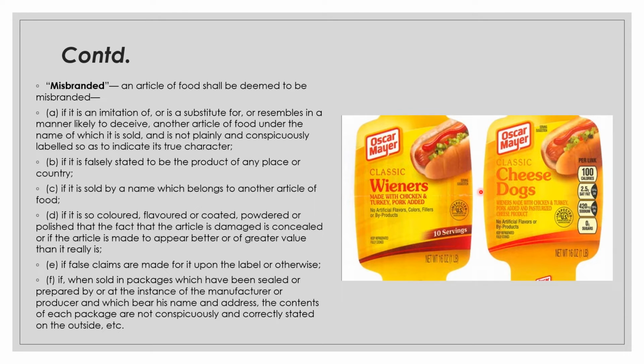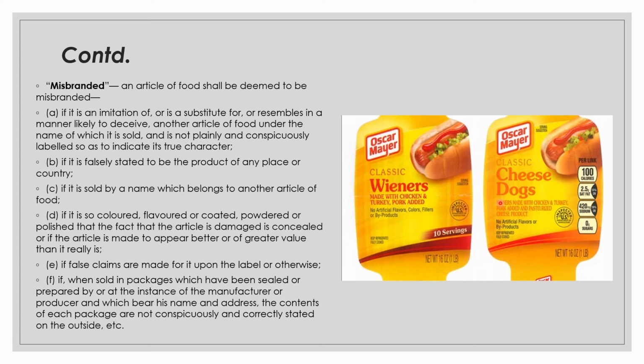When the consumer checks in the shop, he gets confused which one to buy. Normally he doesn't observe the brand name, so he takes cheese dogs instead of wieners. That is possible.